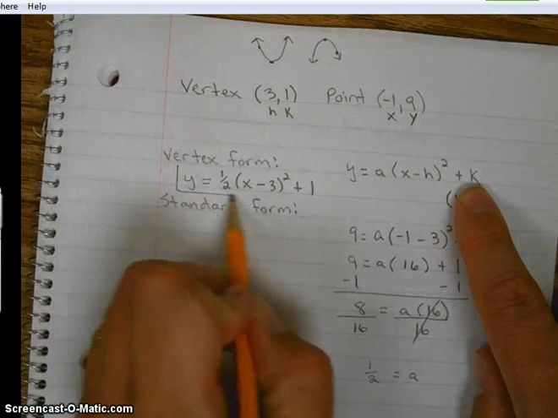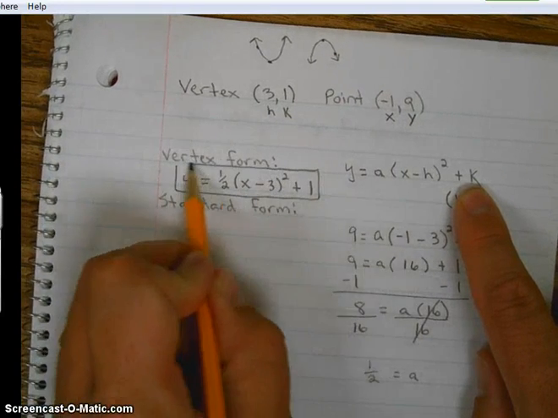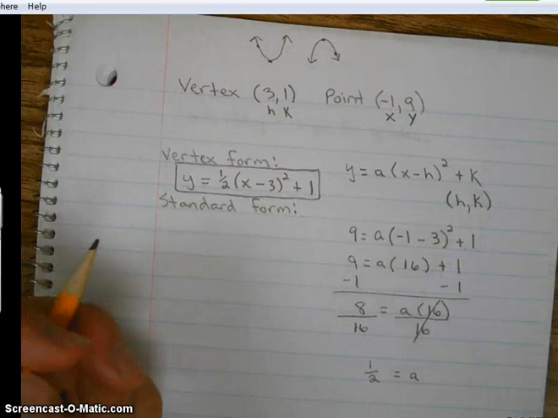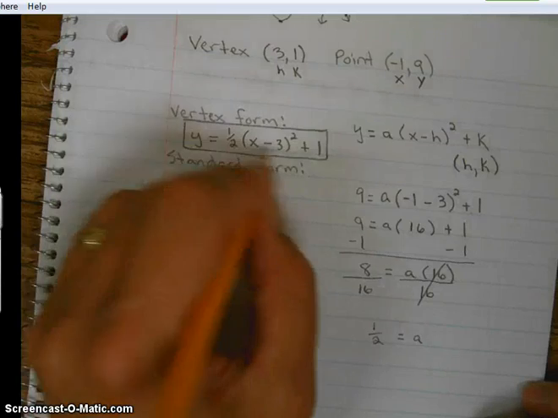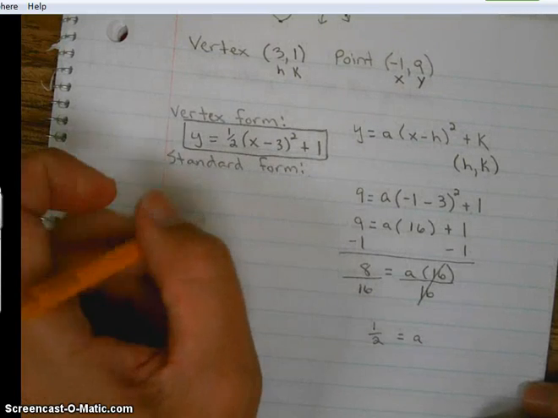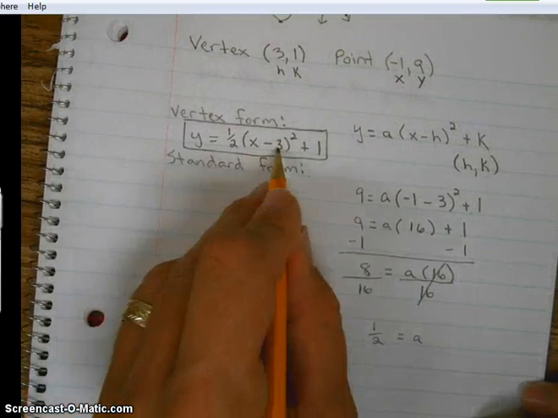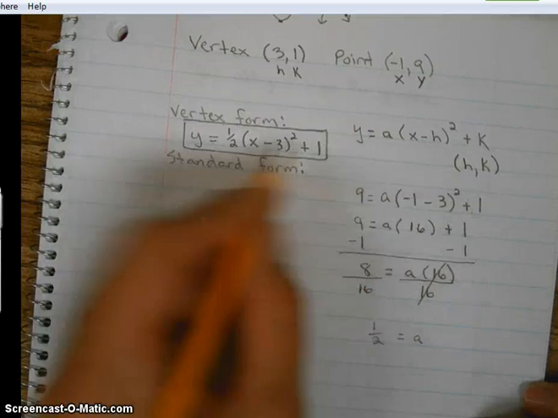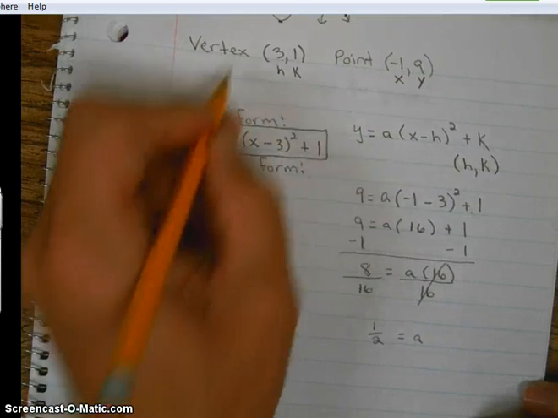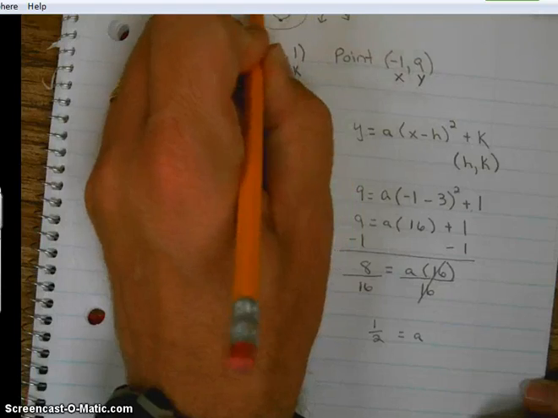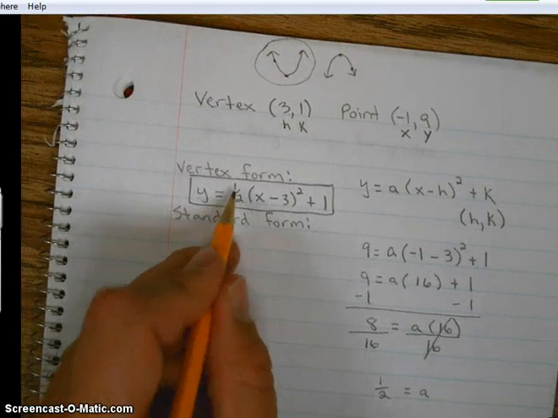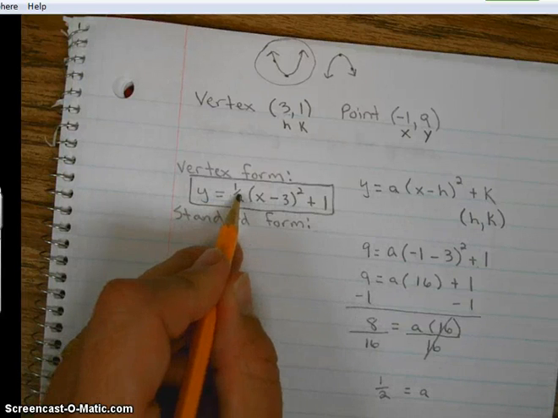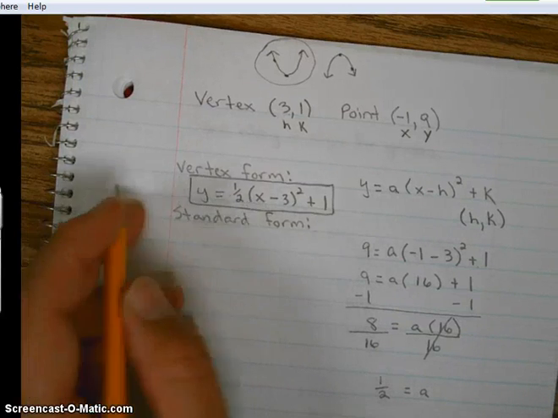And there's vertex form. Now let's translate that to standard form. Remember, it's called vertex form because it tells us the vertex. Since the a value is positive, we know that this one's going to open up. And it's got a vertical compression because the a value is less than 1.